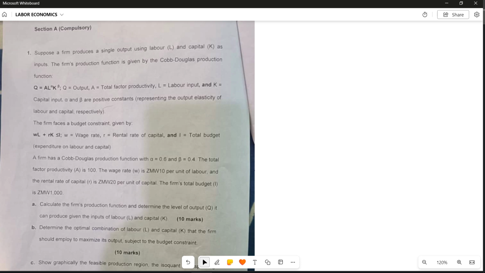In this case, we're assuming that the production function of this firm is a Cobb-Douglas production function. Now, a Cobb-Douglas production function looks like this. Q is equal to F(K, L), so output Q is a function of capital and labor.